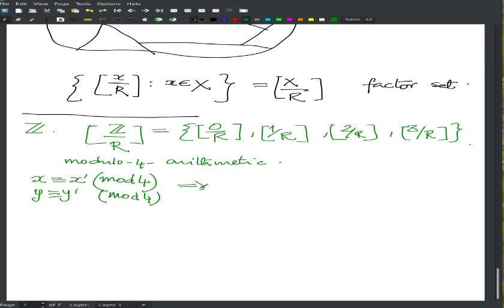So this implies, say, xy plus x prime is equal to x prime y prime plus y prime mod 4. So we can as if do our usual arithmetic using these, but we can constantly go on writing it like this. Have you seen such problems or such things already?